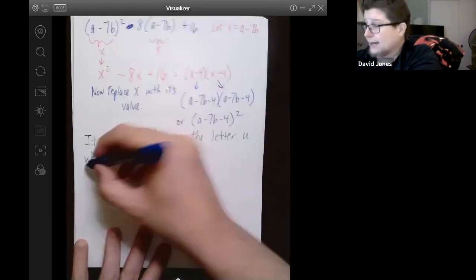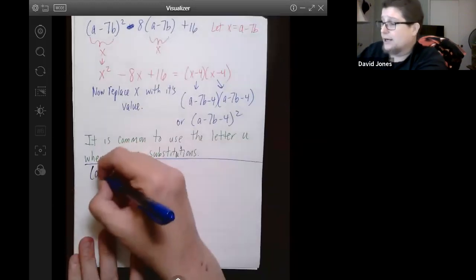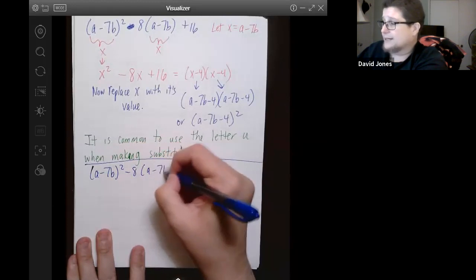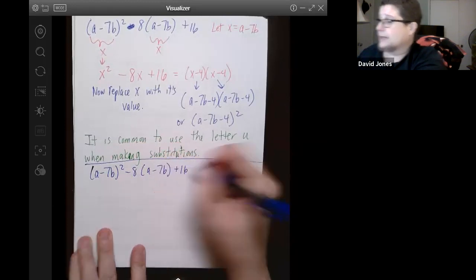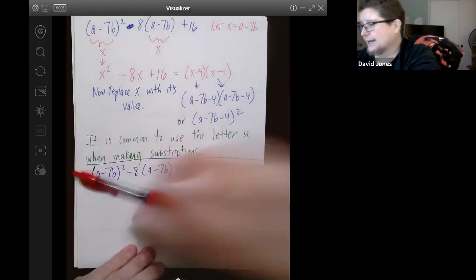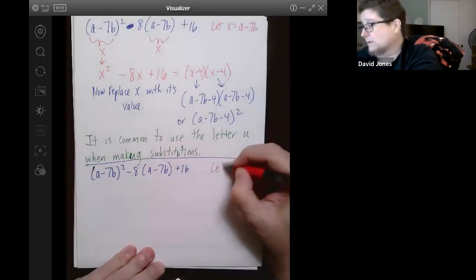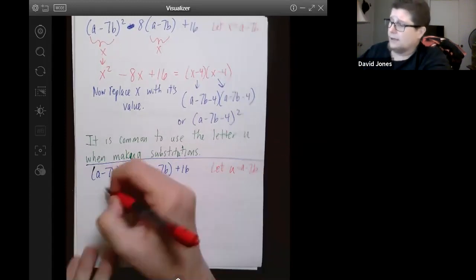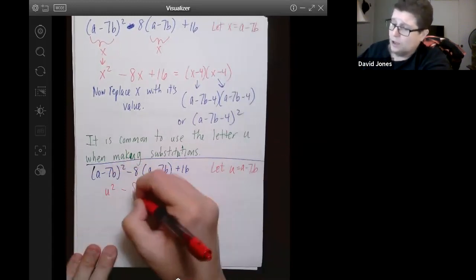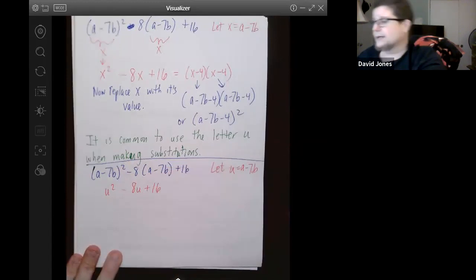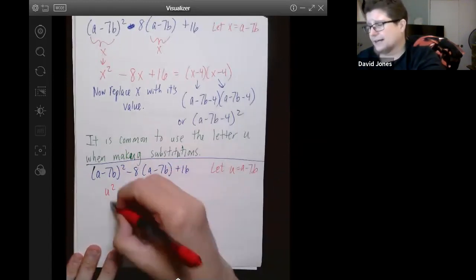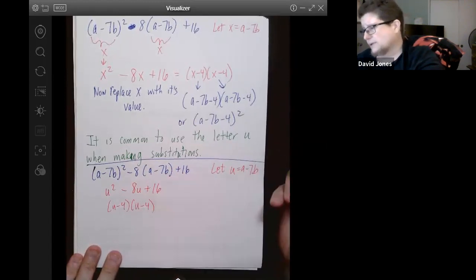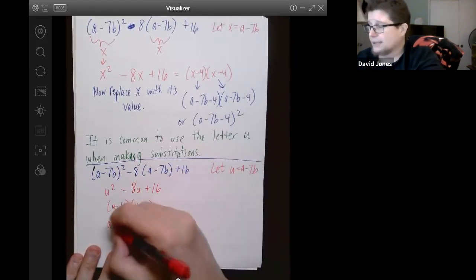Let me rewrite that and just illustrate it. a minus 7b squared minus 8 times a minus 7b plus 16. Now we let u equal a minus 7b. This becomes u squared minus 8u plus 16. And you factor it, you get u minus 4, u minus 4. And then be sure to replace it.